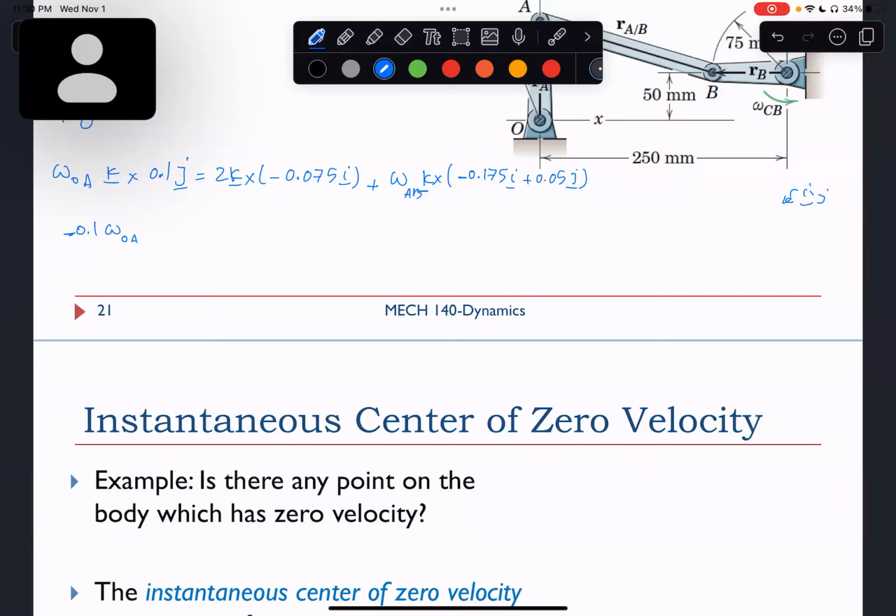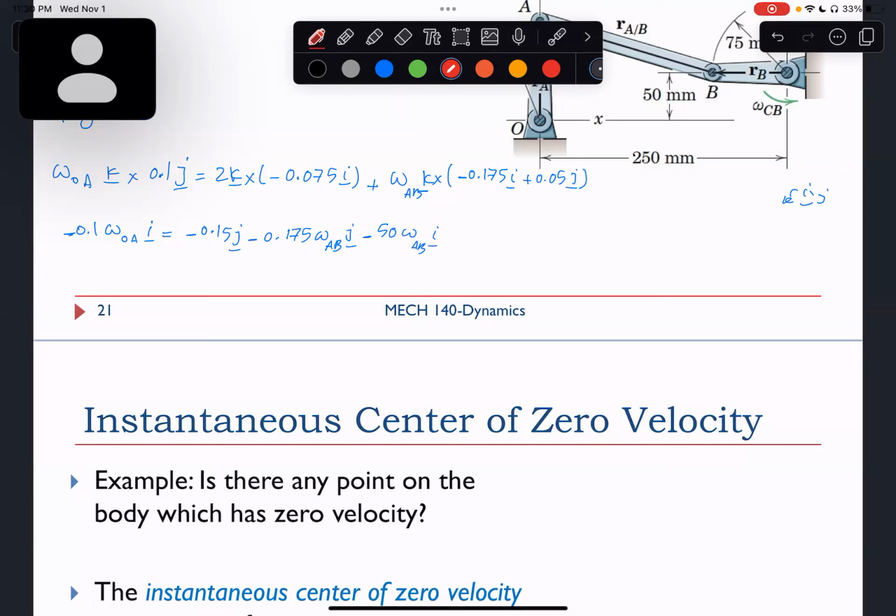K cross J is negative I. That's where the negative comes from. So minus 0.1 omega OA I is equal to minus 0.15 J, minus 0.175 omega AB J, minus 0.05 omega AB I.